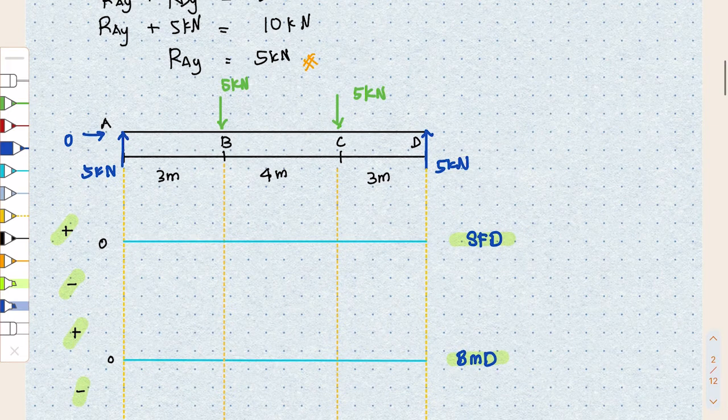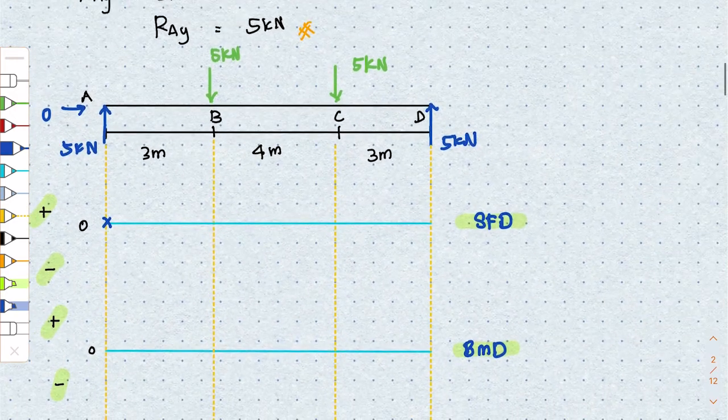Okay, so kita buat SFD dulu. SFD, bila kita cakap about equilibrium, okay, it must always start with 0. At point A, you see there is a 5 kilonewton going up. Okay, reaction dekat situ naik atas 5 kilonewton.